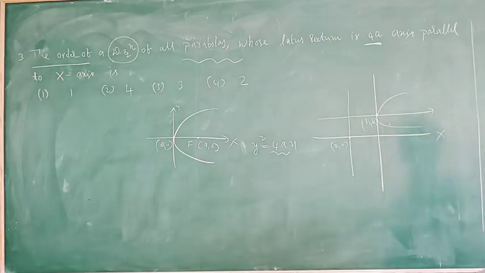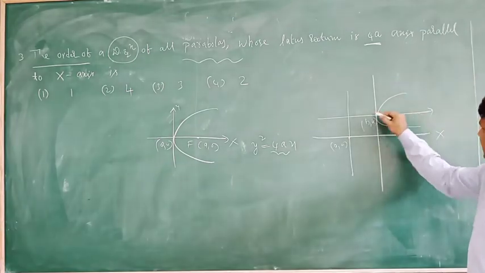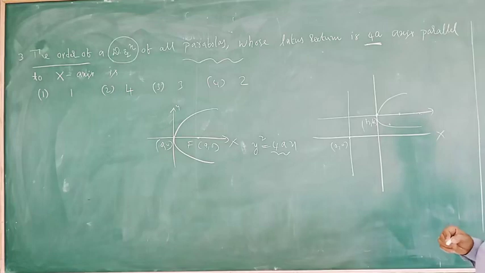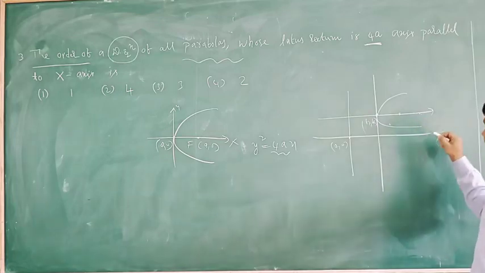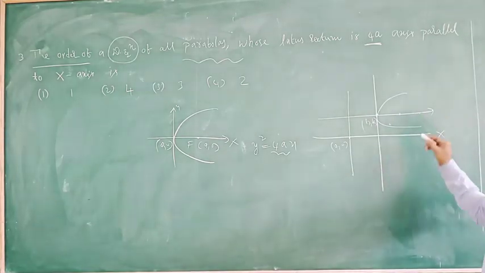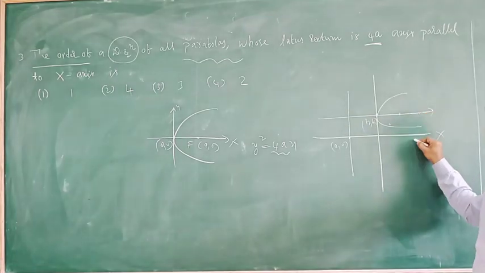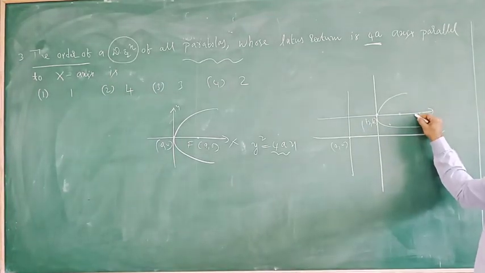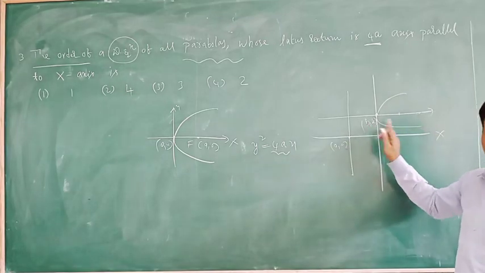The focus is on this axis line only. So the origin is shifted to (h, k).